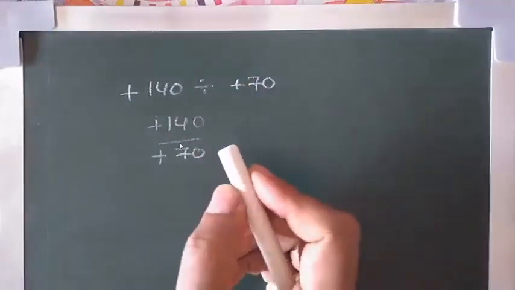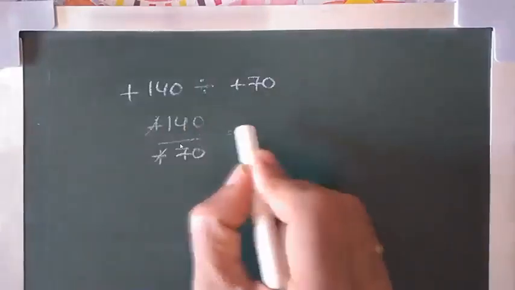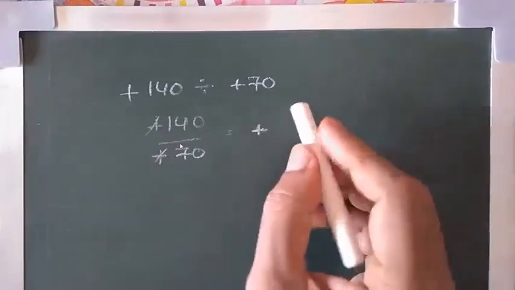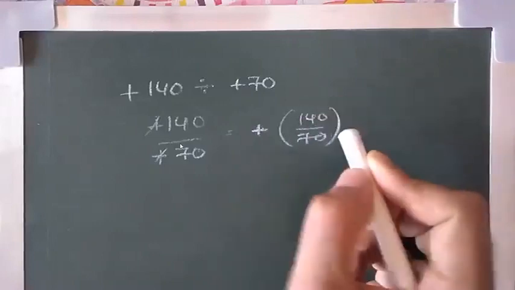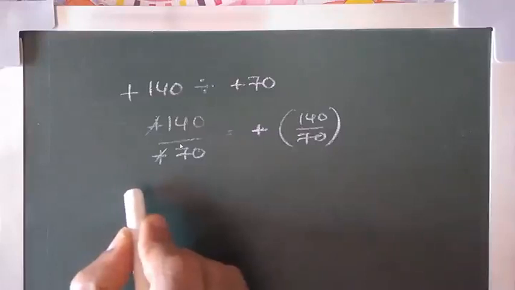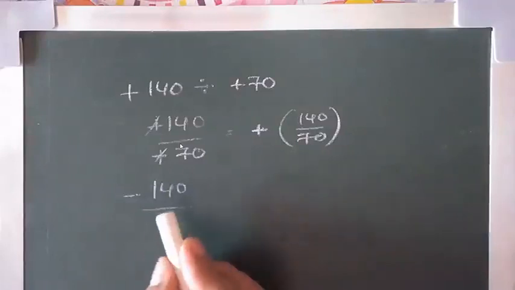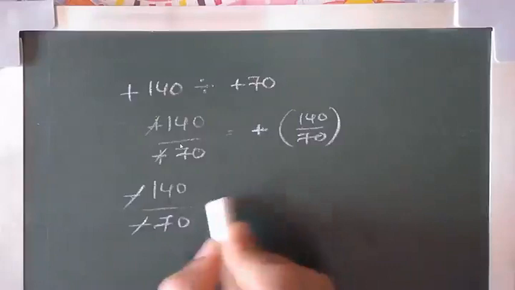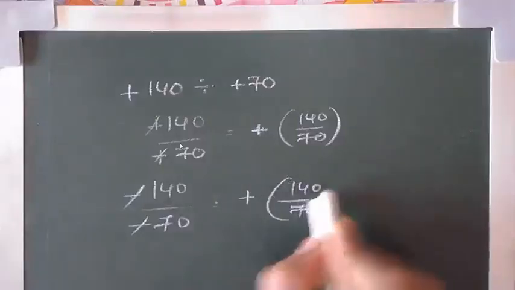Now you can cancel plus and plus here, so you can write it as plus 140 by 70 only. Now if you take two negative numbers of the same sign, which is minus 140 by minus 70, here also you can cancel minus and minus, you will get plus 140 by 70.